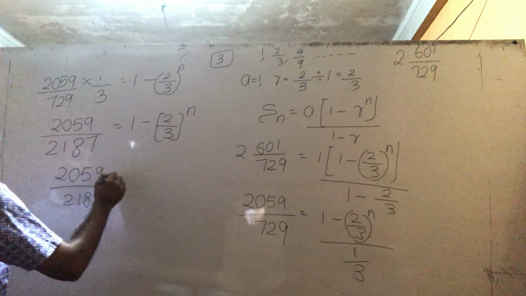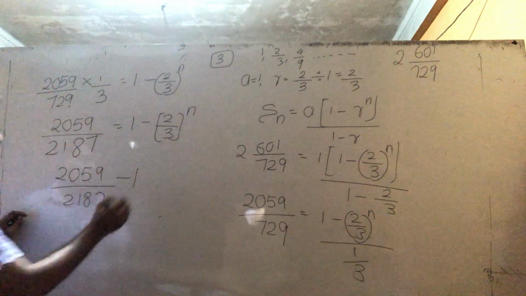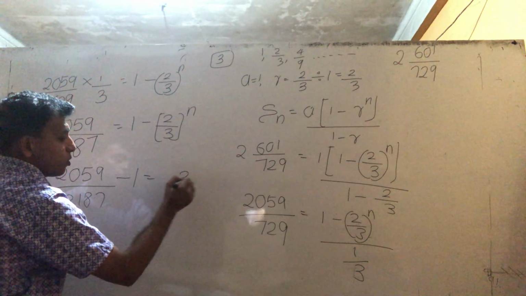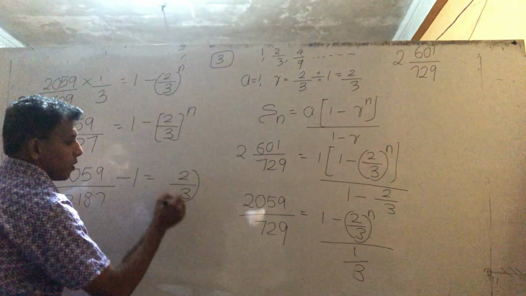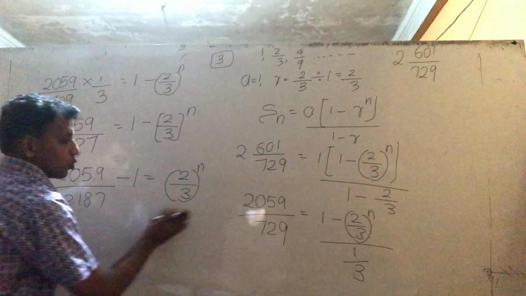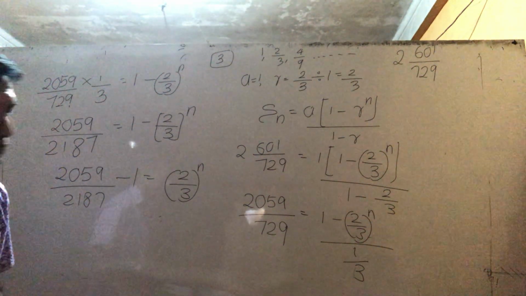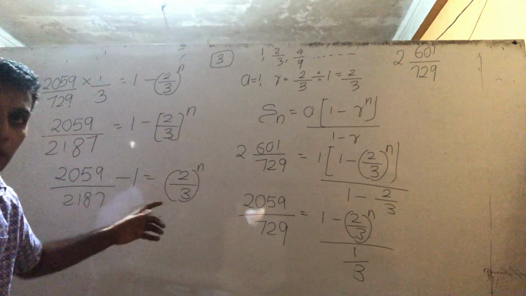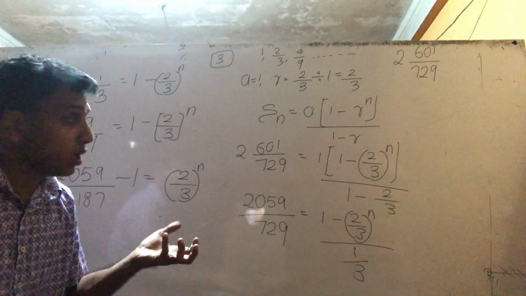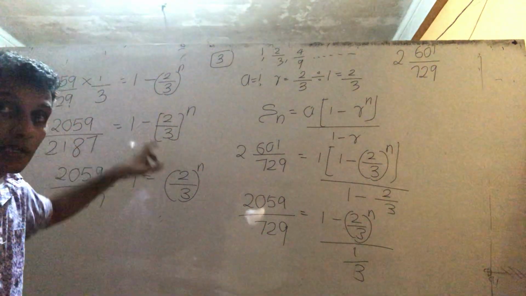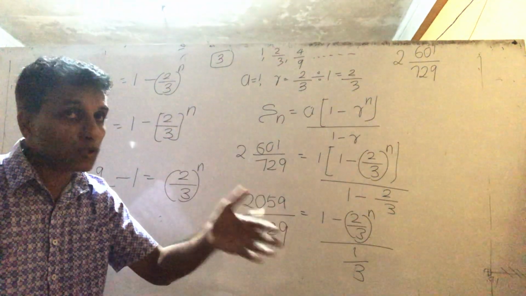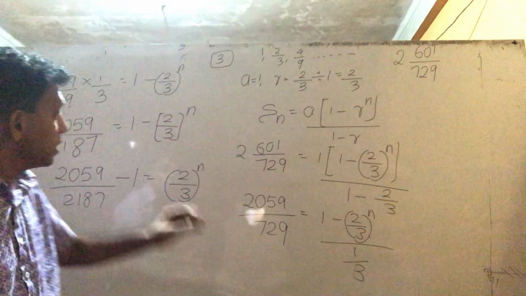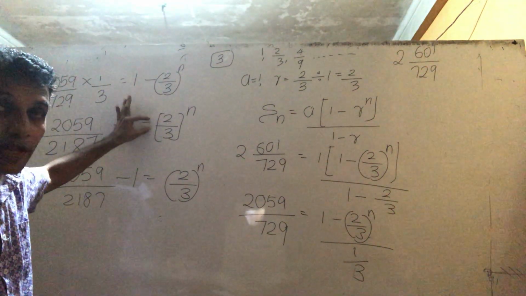This one this side minus 1. So here what? 2 over 3 power n. Okay, but this is wrong. 2/3 power n is wrong. Why wrong? What happened is minus. Some don't mark that minus, then your answer is wrong. No, pure maths. What happened to minus? We can't avoid that. So minus.